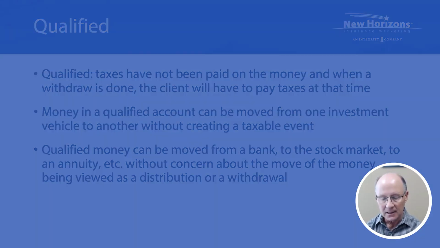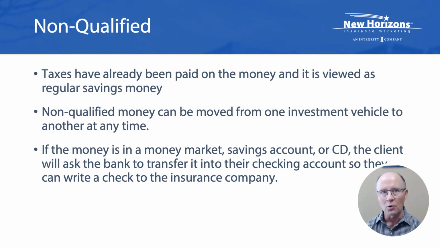Okay, so moving on to the non-qualified. Again, this is money where the taxes have already been paid. So Jason's accumulating this money in his savings account, maybe put it in a CD, whatever it might be. On bullet 2 there, non-qualified money can be moved from one investment vehicle to another at any time.